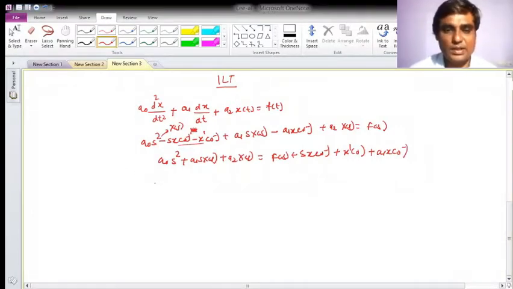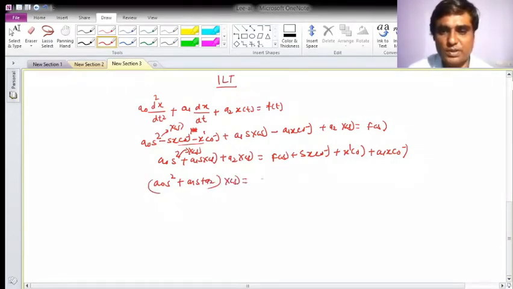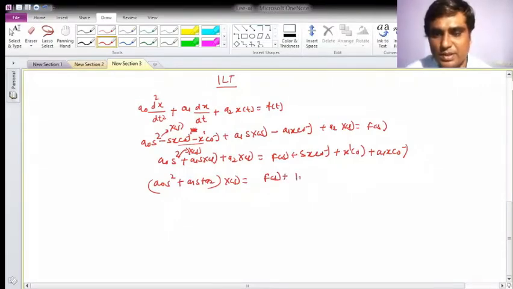I had forgotten to write this X of s. So it will be a0 s square plus a1 s plus a2 into X of s, which is equal to the Laplace transform of the forcing function plus all the initial conditions.